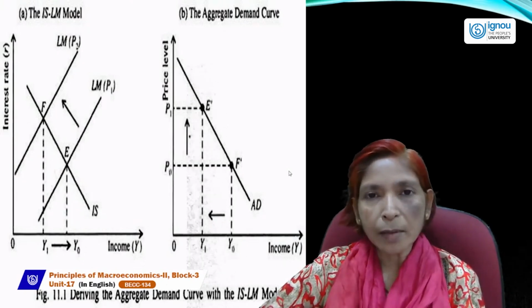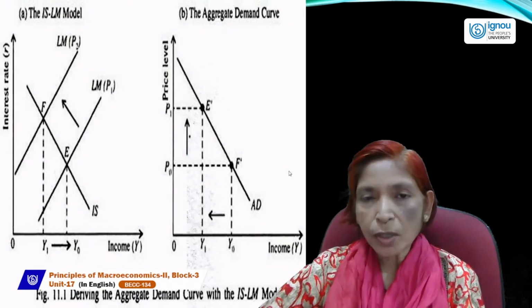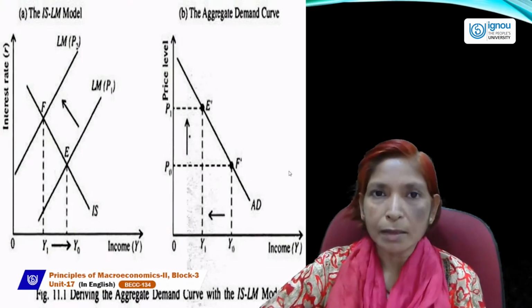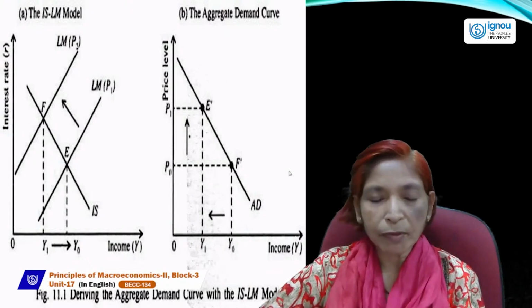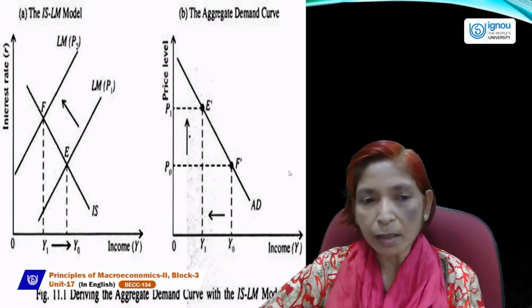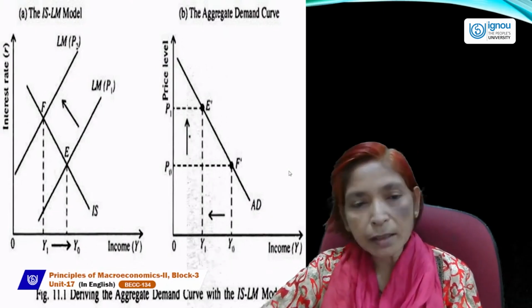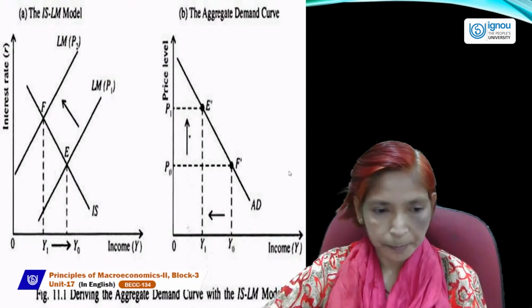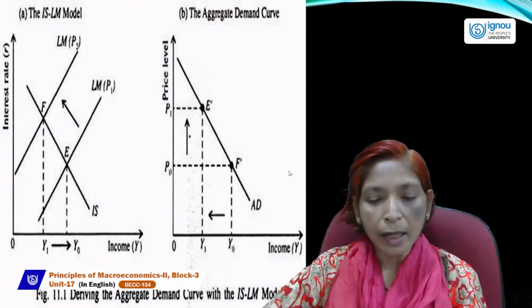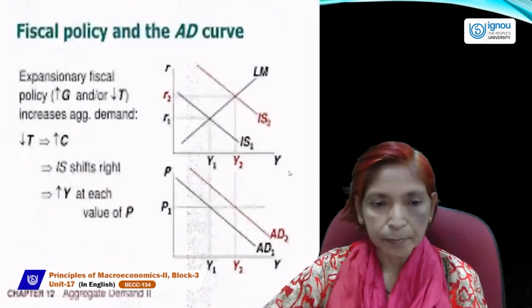And due to the rise in employment, the income level will rise. So income is related with demand. That's why we can show this relationship between price and level of income inversely, and we can draw the aggregate demand curve, which is always a downward sloping curve. This is the derivation of the aggregate demand curve with the ISLM model.